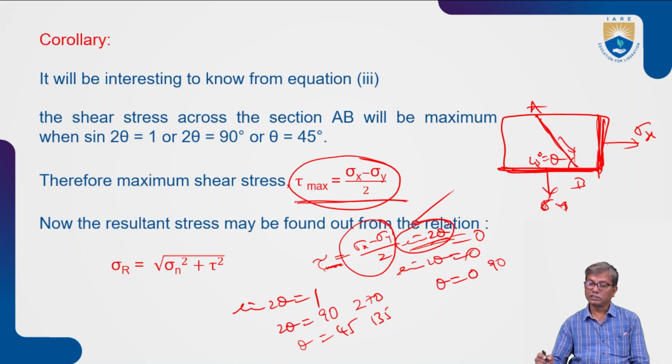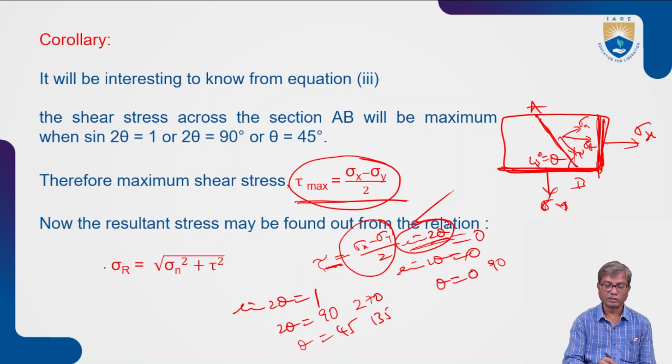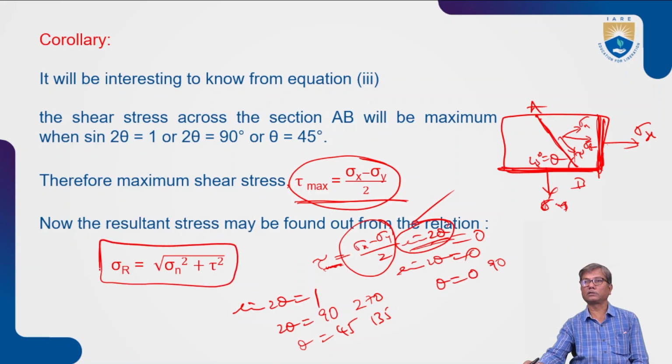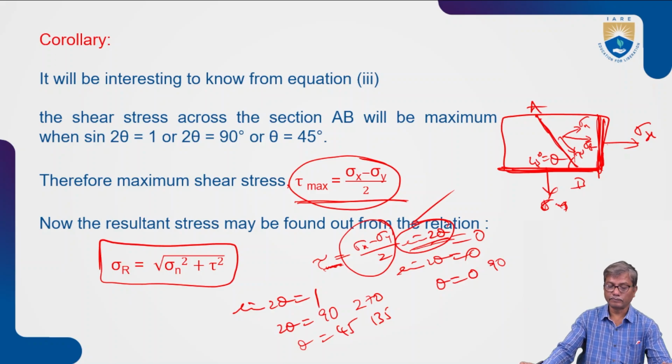And for any inclination theta, the resultant stress sigma r acting on AB will be given by this expression. Because these two are rectangular components, the resultant will be given as square root of sigma n square plus tau square. Okay.